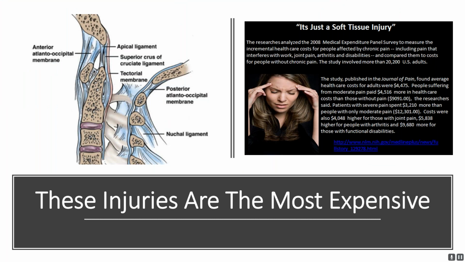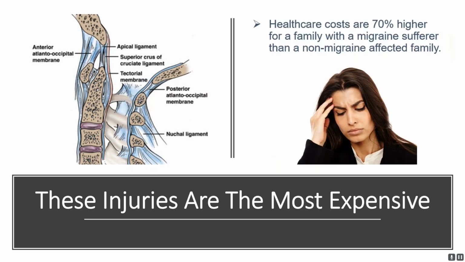When we look at the longest pain studies out there, we find that average patients with chronic moderate to severe pain, severe would be somebody who medicates regularly for their condition, which is a lot of Americans, are averaging $12,000 and above more in additional spending every single year.